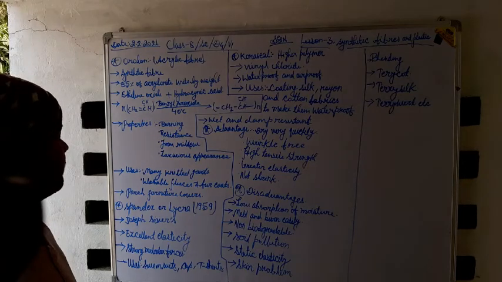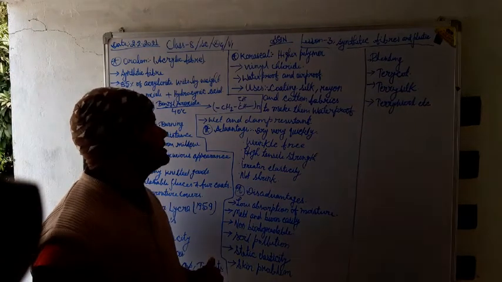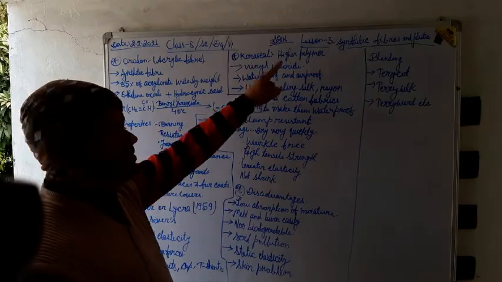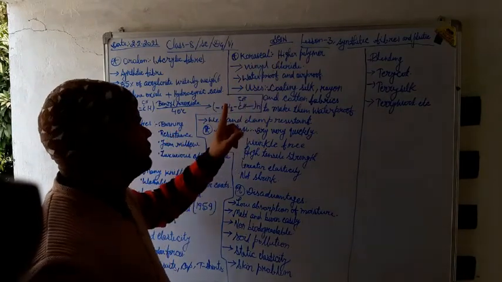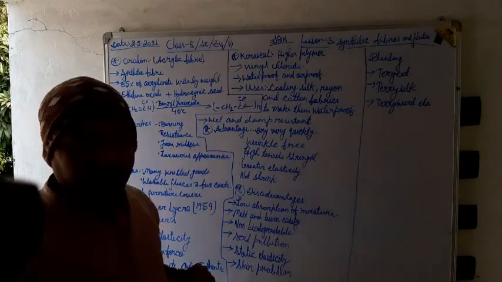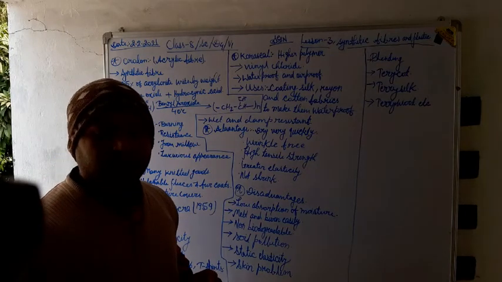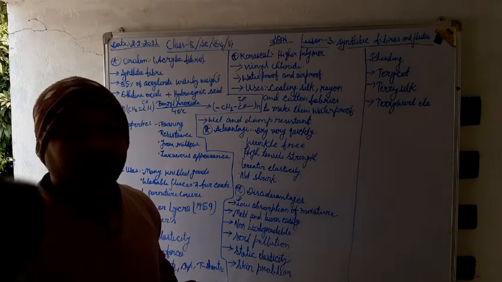Now corrosion is a higher polymer, obtained from vinyl chloride.